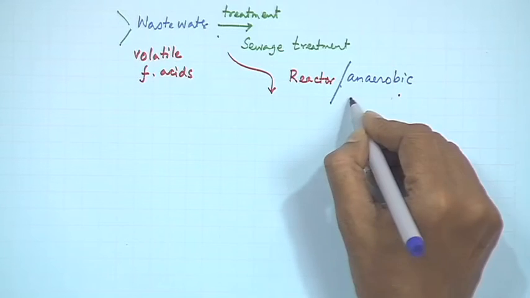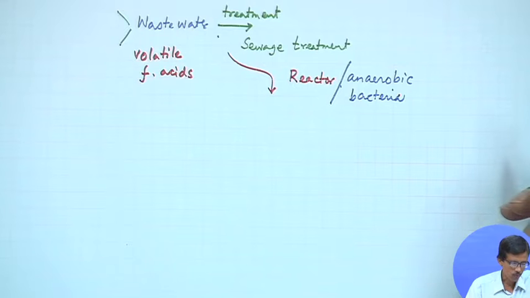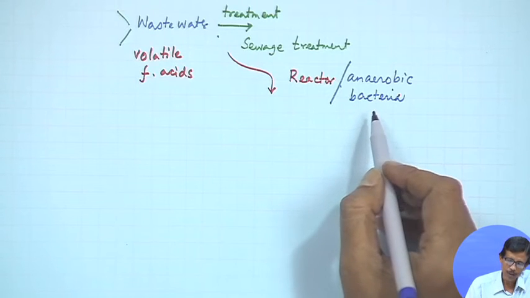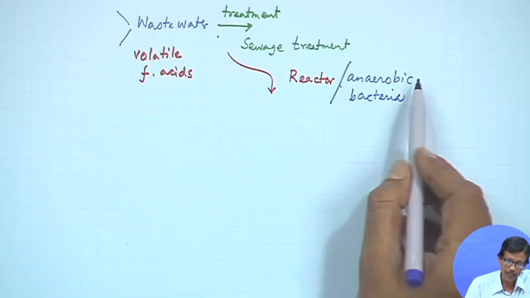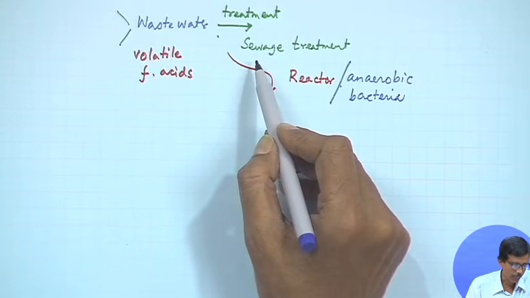Anaerobic bacteria we can use. Why are we using this anaerobic bacteria? Because anaerobically we can degrade whatever organic matter is there.